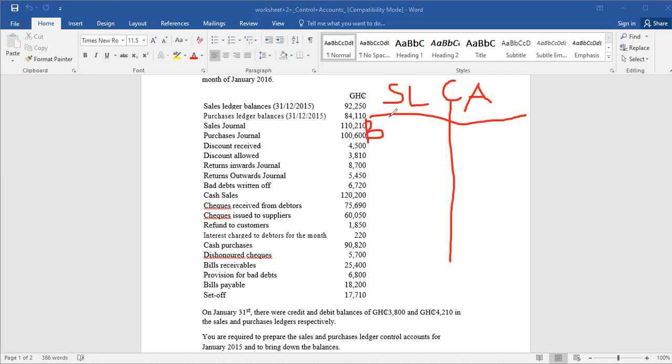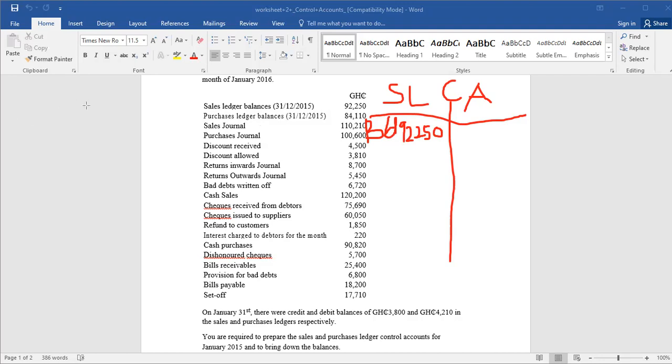It's recorded here, which is 9,225. Then we come to the purchase. That one is the purchase one, so let's look at that.